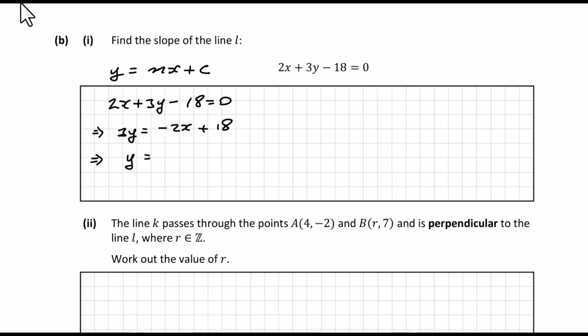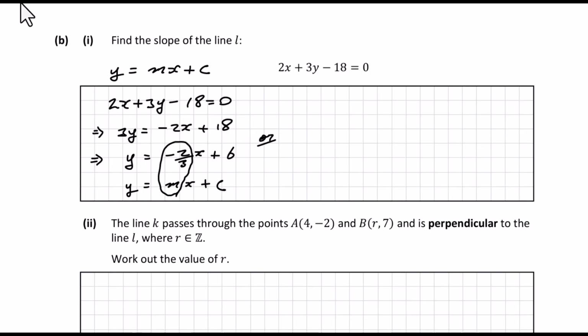Divide each term by 3. It'll leave us with y equals -2/3 x plus, divide 18 by 3, you'll get 6. So now this is in the form y = mx + c. So the slope here is just this number here, -2/3.